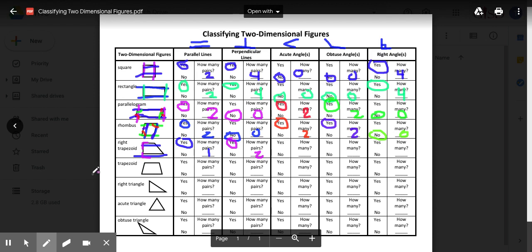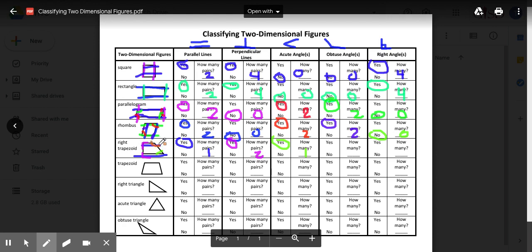Your next question says, do I have any acute angles? You have an acute angle right here, so the answer is yes, and I have 1. The next question asks you how many obtuse angles you have.